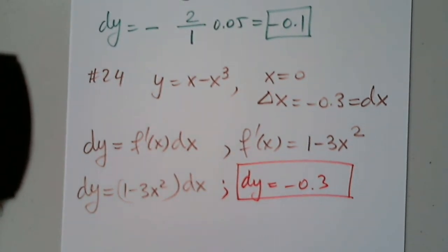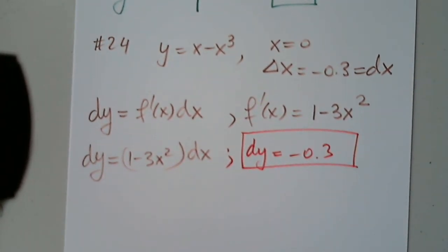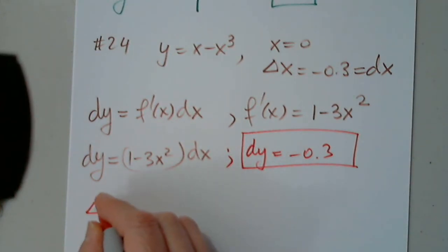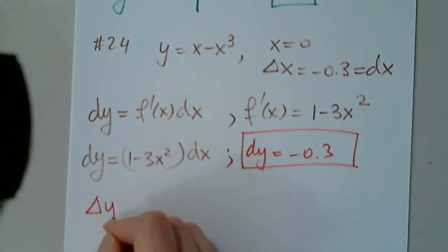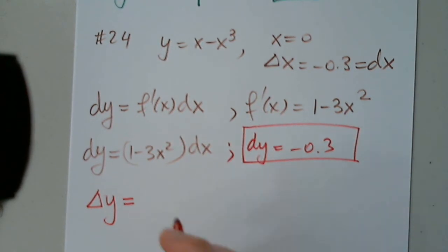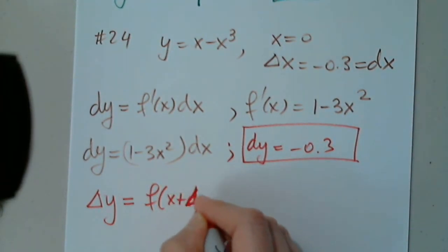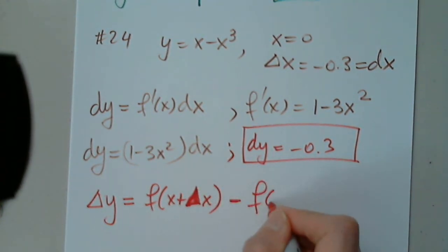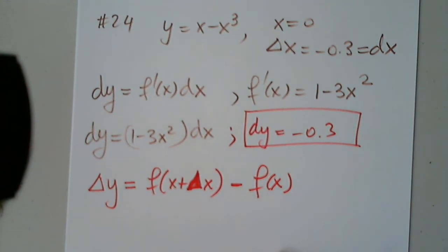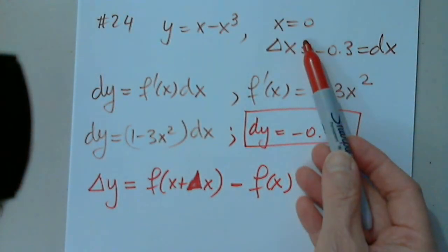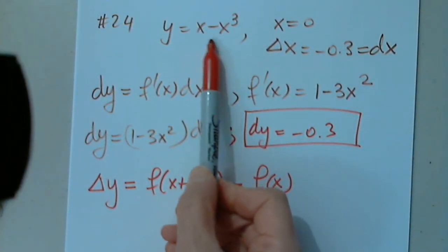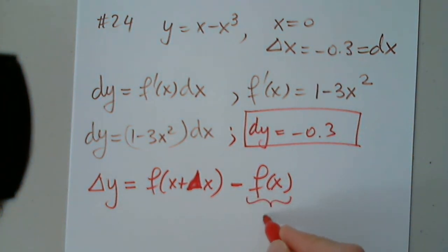Now, however, if I want the exact, then I have a much bigger situation here. Delta y is f of x plus, let me also write delta, not d, delta x minus f of x. The f of x is not a big deal. 0, nice.